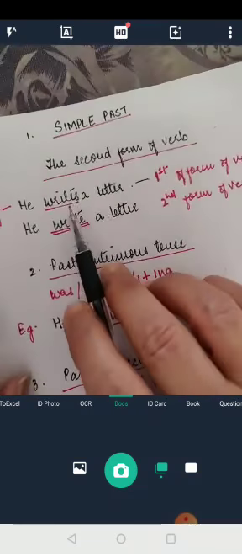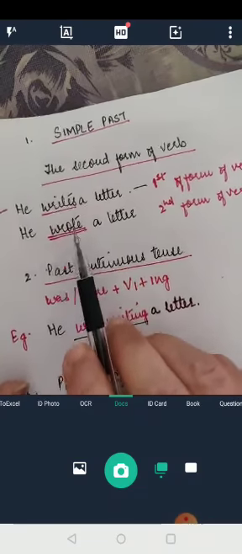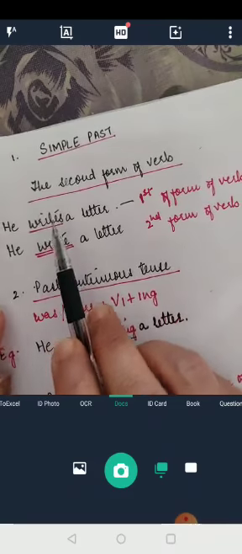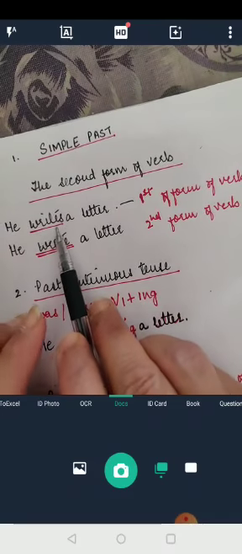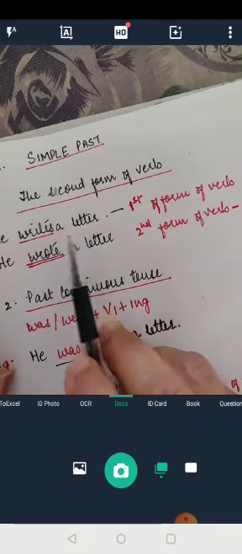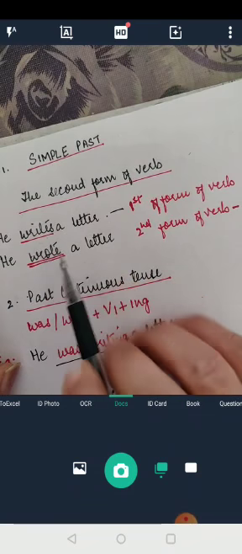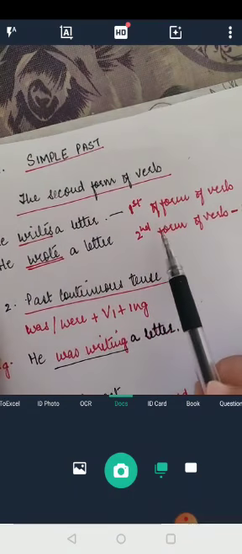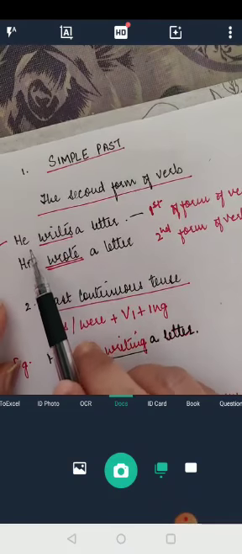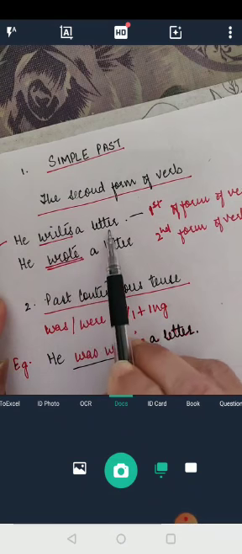Now in simple present the verb is in the first form. But in past tense, in simple past, the verb is in the second form. So like in simple present, suppose we take this example, he writes a letter.